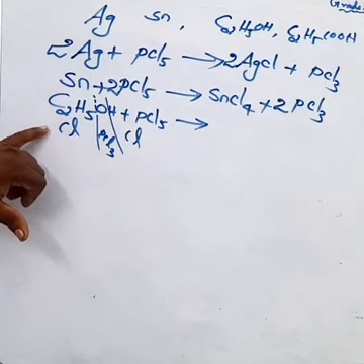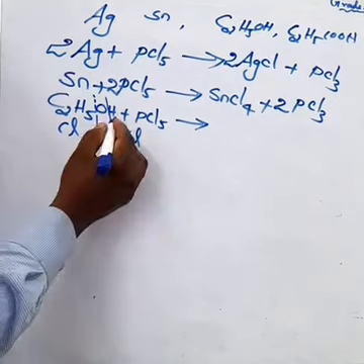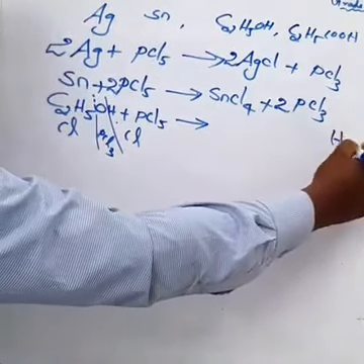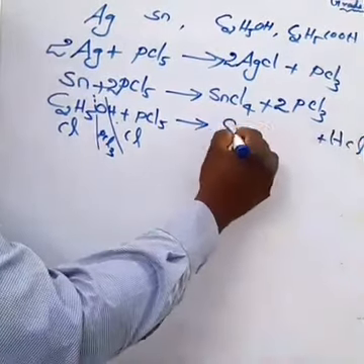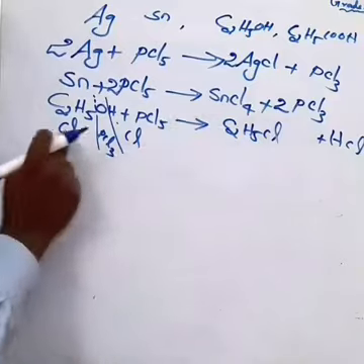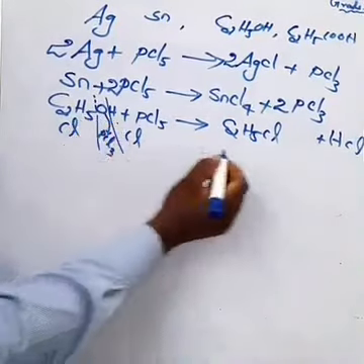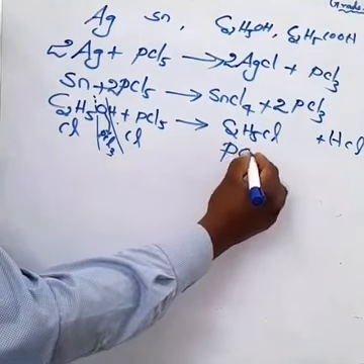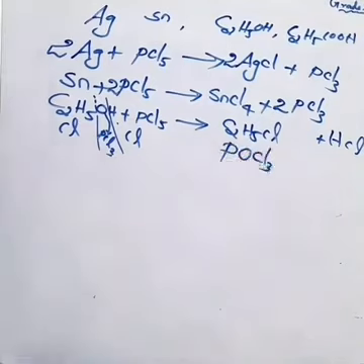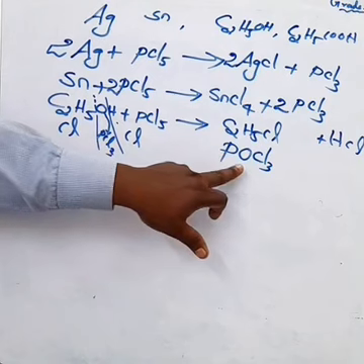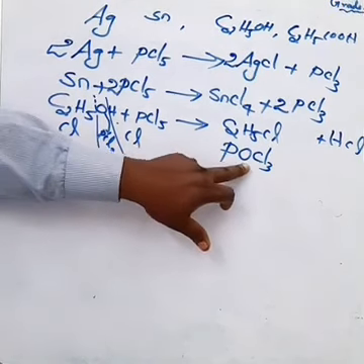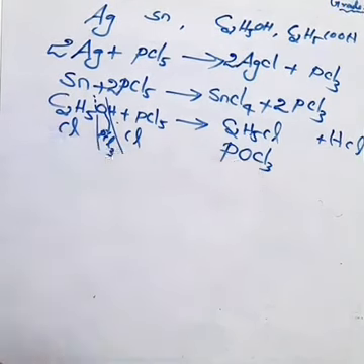One of the hydrogen plus Cl gives HCl, and one of the ethyl plus Cl gives C2H5Cl, and also the remaining oxygen is attached in between phosphorus and chlorine atoms. So what is the product obtained? POCl3.